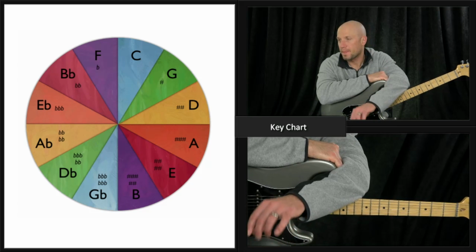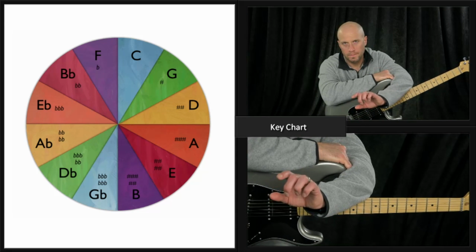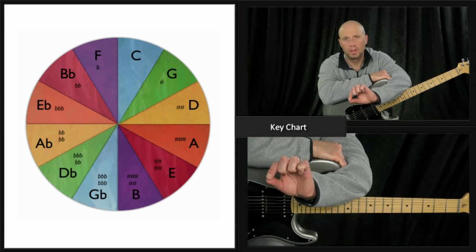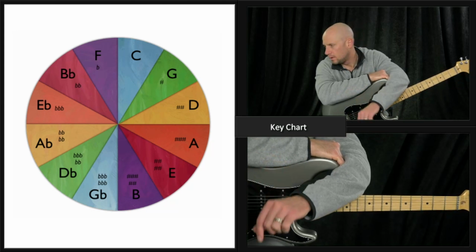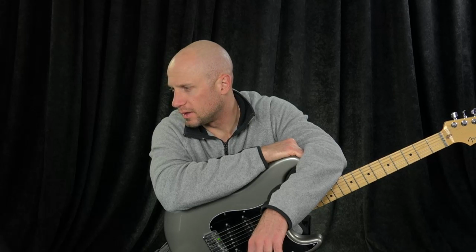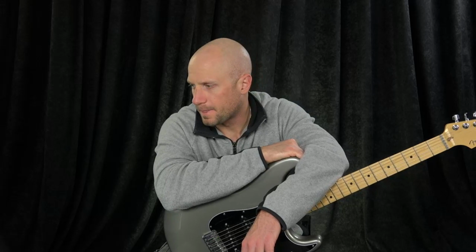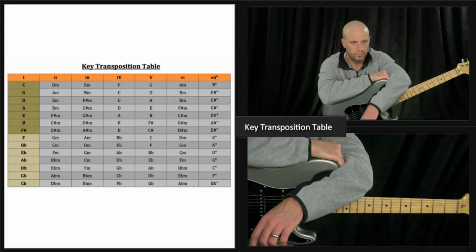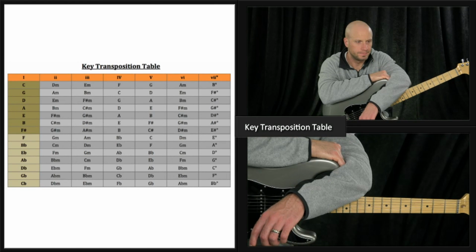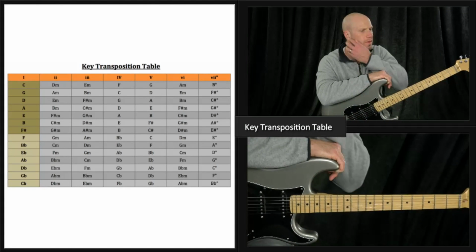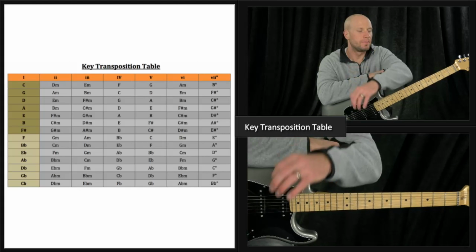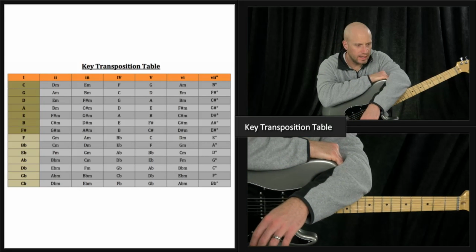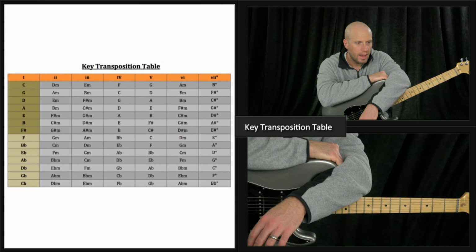Okay, now we're going to get into modal harmony. Let's do the key transposition chart here. What this does is it lays out every key and the names of the chords that lie on each scale degree.